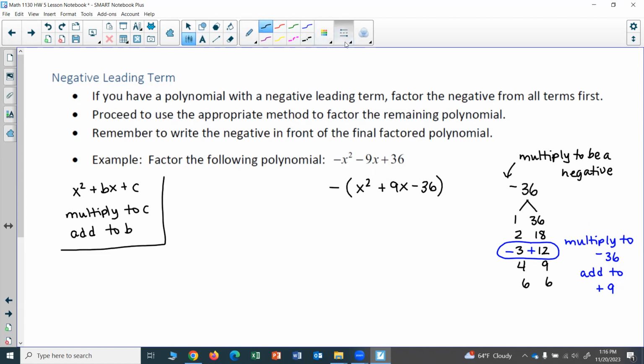So my final answer here, I'll have the negative out front, and then I will have x minus 3 and x plus 12.